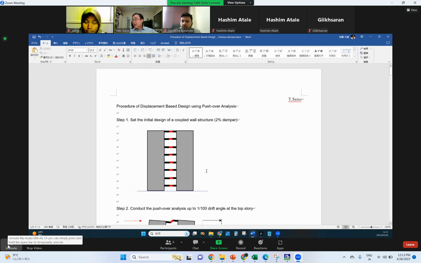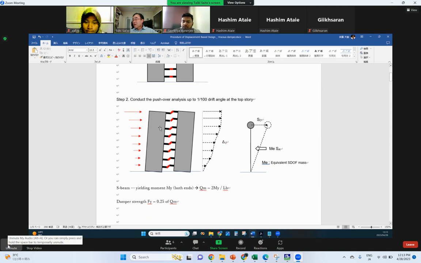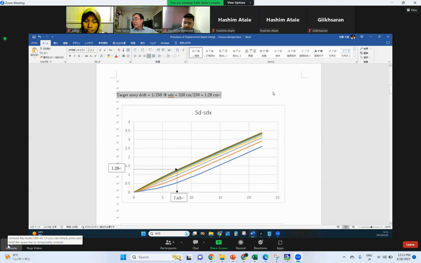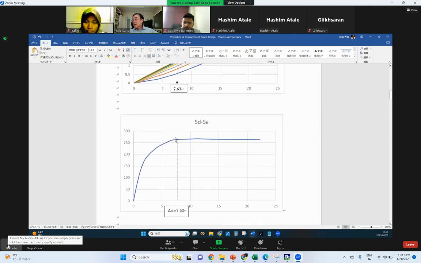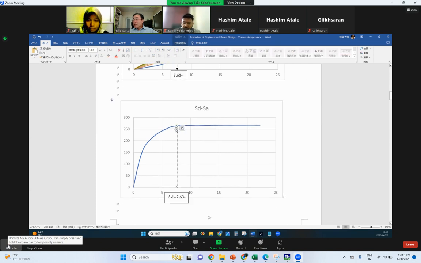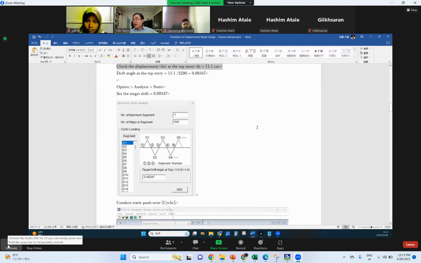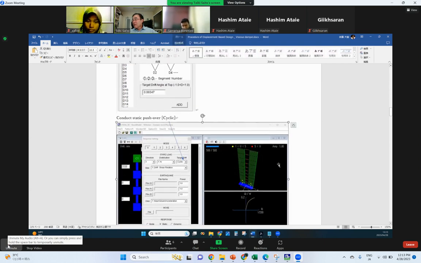Anyway, now the procedure is the same. First, you have a coupling beam, and you do pushover, and you can also get the equivalent single degree of freedom, and the target drift is the same. And this is the target point. So we want to know the damage of the element at this target displacement. So as we did before, we push the building up to this target drift.